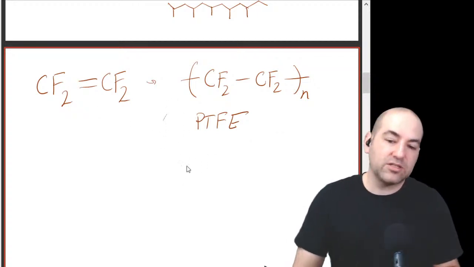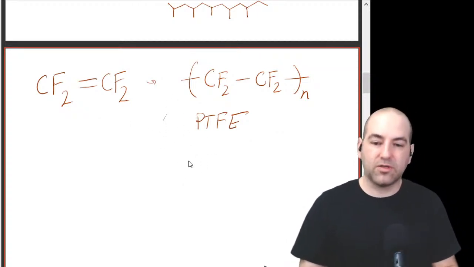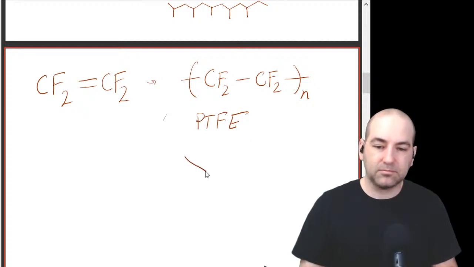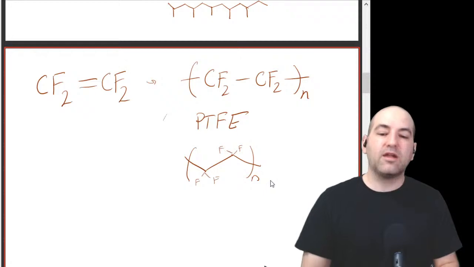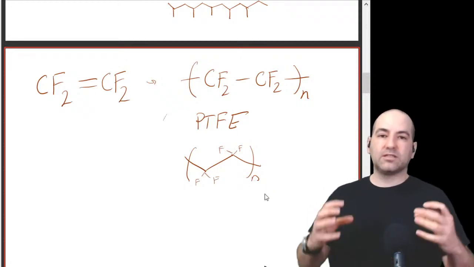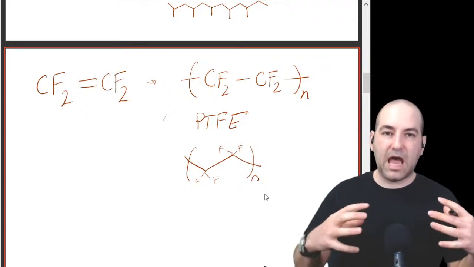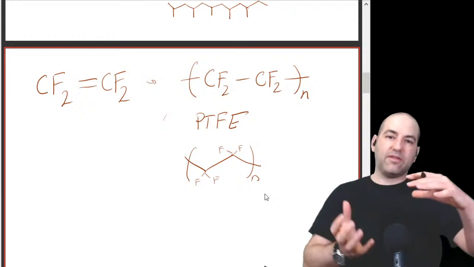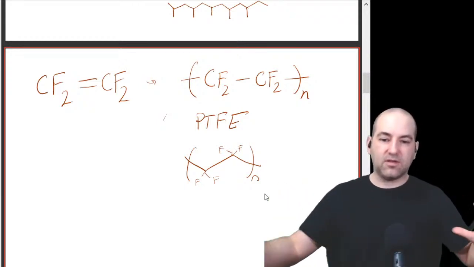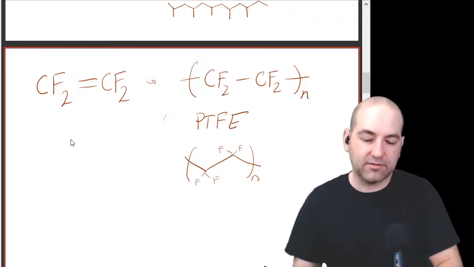If we want to draw this in line structures, we have to show the fluorines as well. So we have our 2 carbons, and then each one has 2 fluorines connected to it. And if you imagine those fluorines as balls, like an atom shape, you can see how they protect everything and stop it from being reactive.